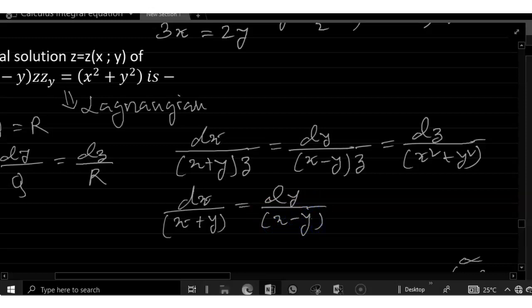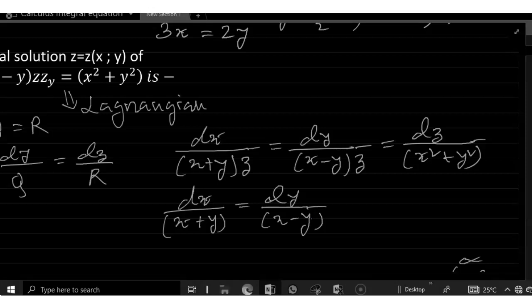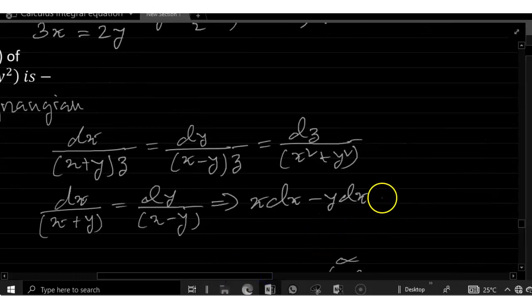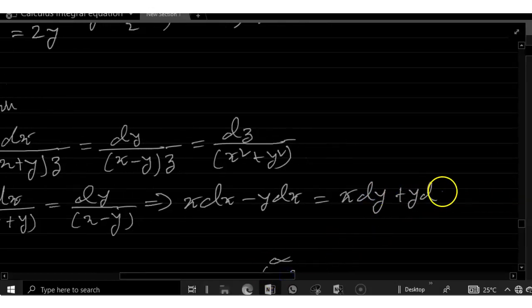Now it can be written this way: x into dx minus y into dx equals x into dy plus y into dy.